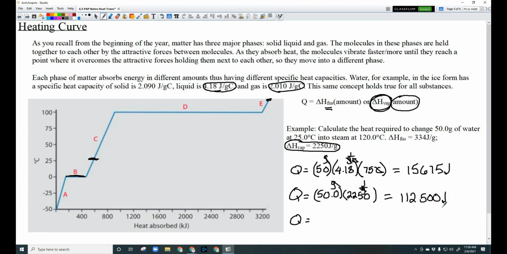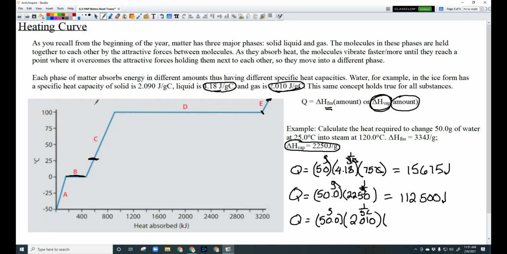joules. And now for our third calculation, we're going to calculate this segment from 100 degrees up to 120. So again, it's 50 grams times the specific heat of gas, of steam. This is going to be 2.010, and this is joules per gram degree Celsius, times the temperature change.